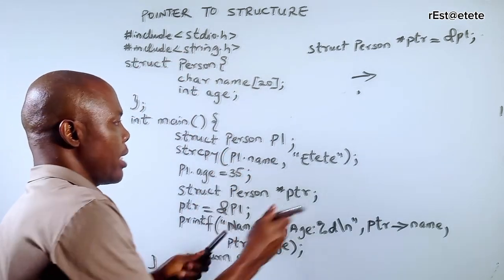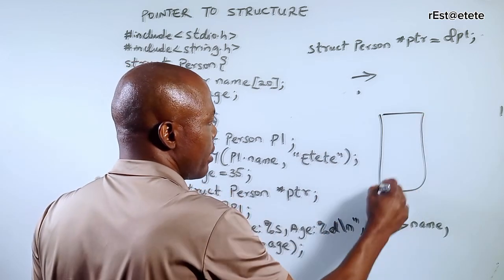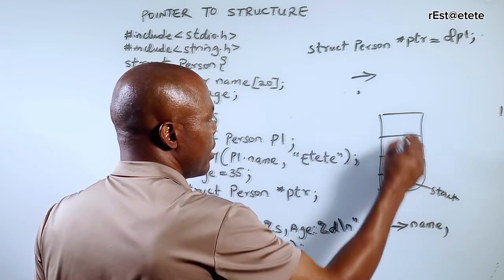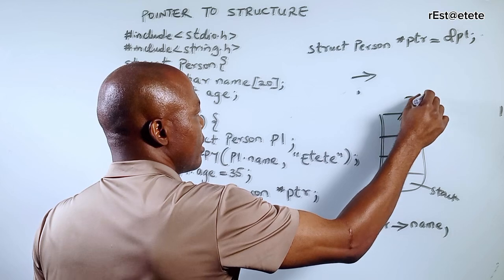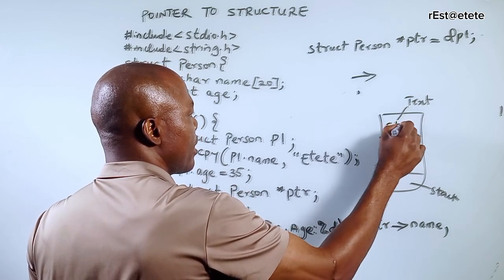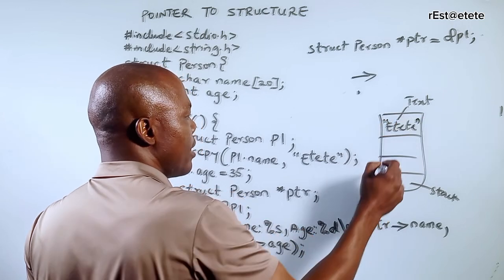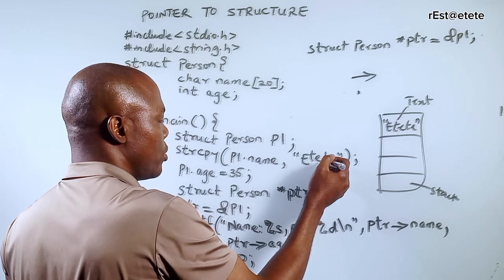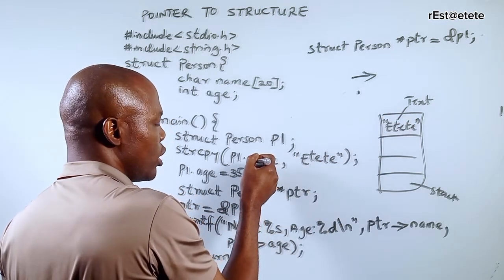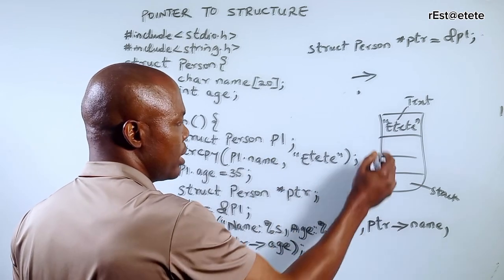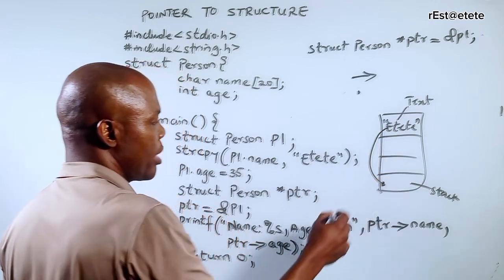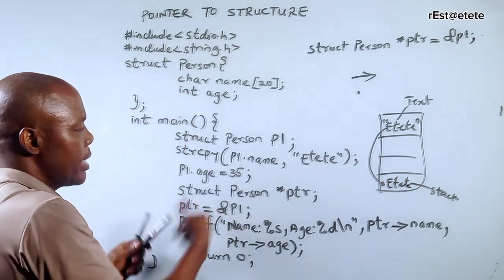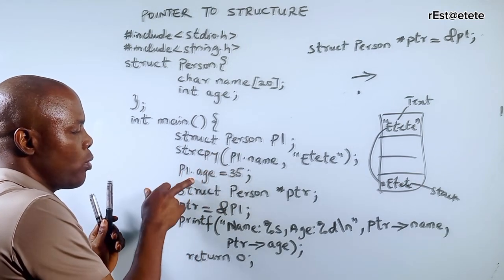It will copy this etete from the text segment, which is read only, to p1.name, which is in the stack. So it will make a copy of etete in this place, so etete will also be here. And then it will assign 35 to p1.age.